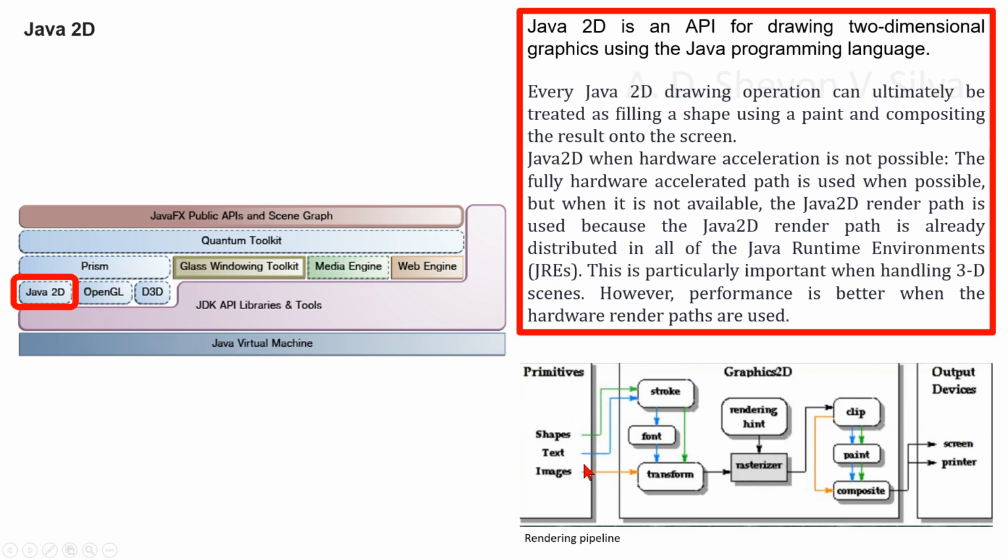In images, images are connected to transform, transform is connected to rasterizer, rendering hint is connected to rasterizer, rasterizer is connected to clip, clip is connected to composite, composite is connected to screen and printer.